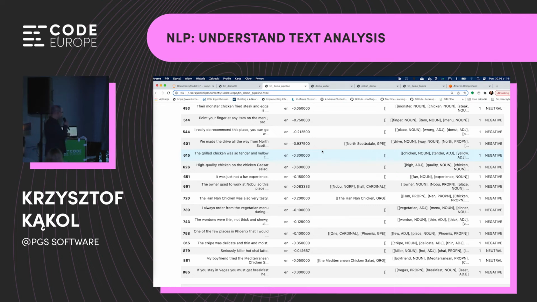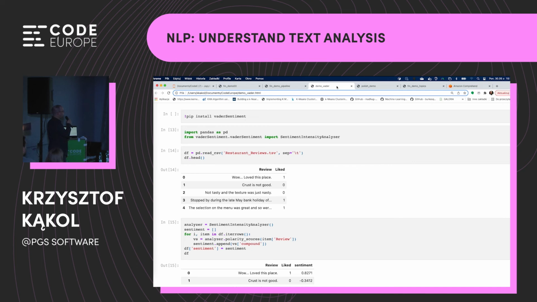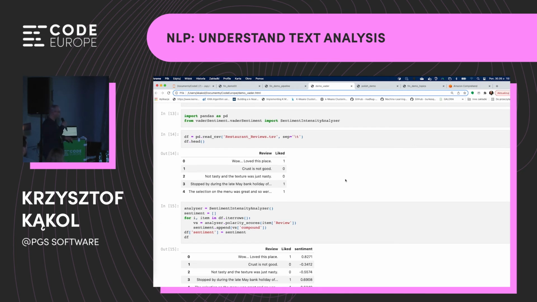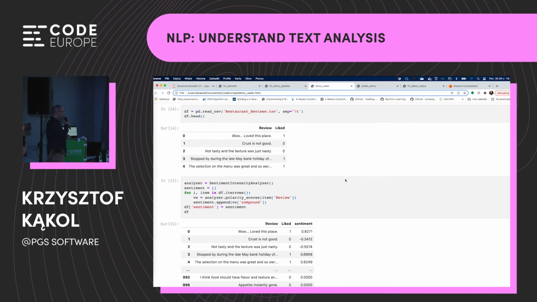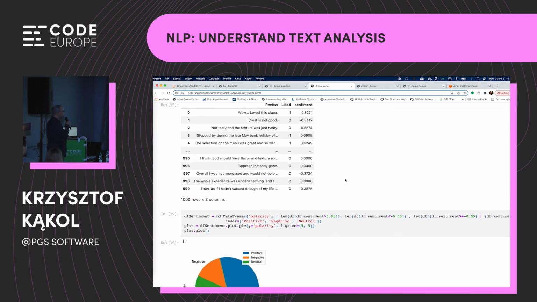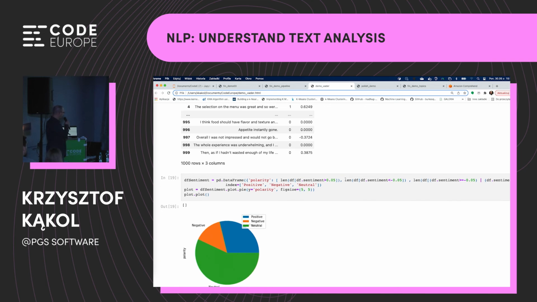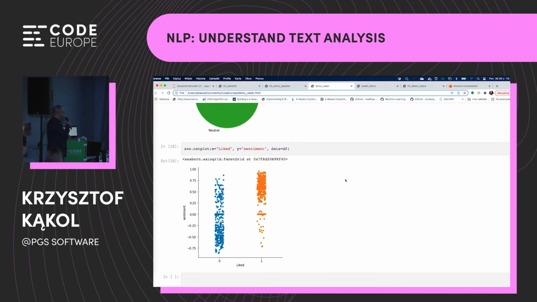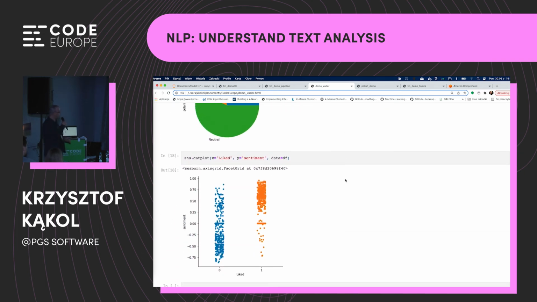There is another library that I have tested, and it's much better at recognizing sentiment, which is Vader. This is a library that is only used for sentiment. And the correlation here is much better. I do the same things as before, and the correlation, as you might see, is much better.